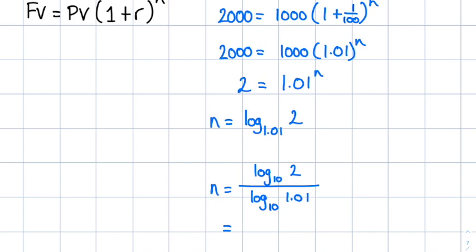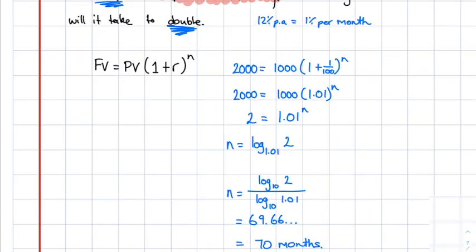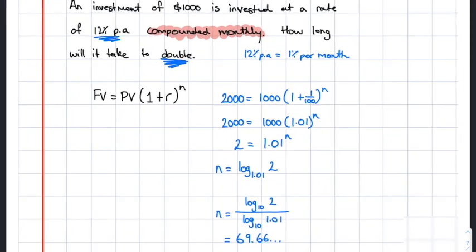When we evaluate that on our calculator, so log of 2 over log of 1.01, we get 69.66 and so on, which would then become 70 months. After 70 months, this investment doubles.